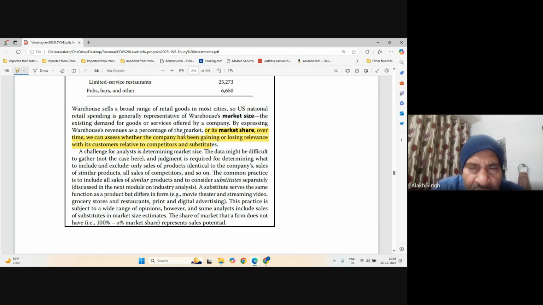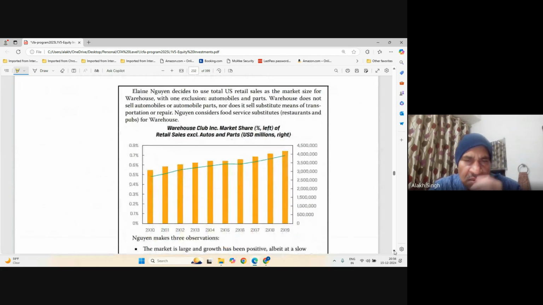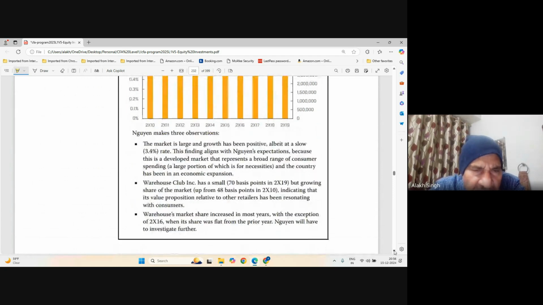So that starts the top-down analysis. From GDP we come to industry, and from industry we go to the company: what is its market share in the industry, and is it growing faster. Same as what we studied in financial. There is nothing new here.